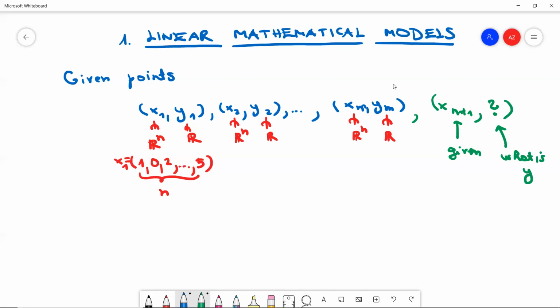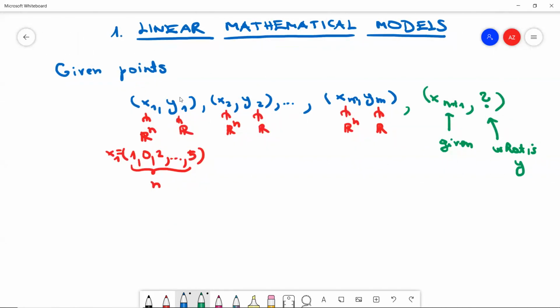That's why we would like to fit those points with some function. For those x's we already know the values of y. The question is, what is it for some other x, which is not among those given?